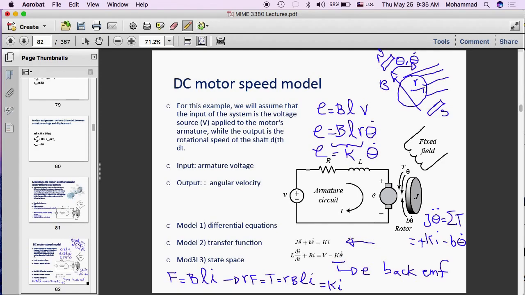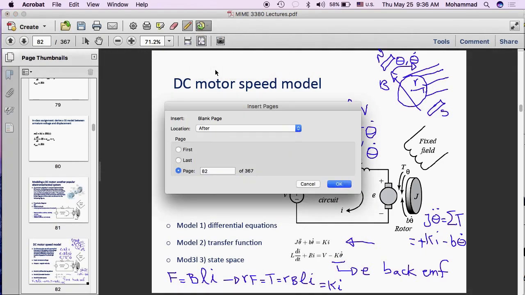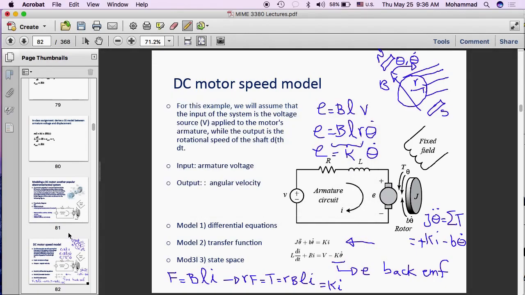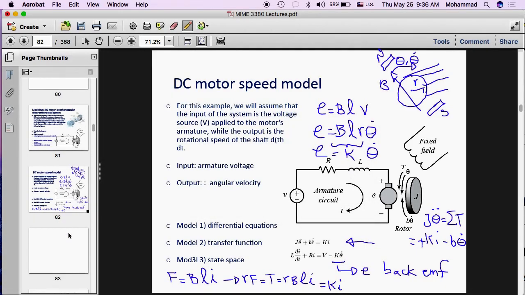So this is the very first system we have investigated that is a third order system. So it has three state variables. Okay, so it's your challenge now to write the state space model for this system. We know it's a third order system, which means it has three state variables.